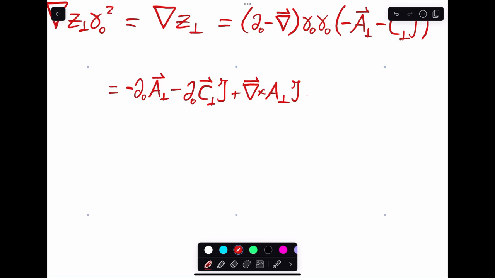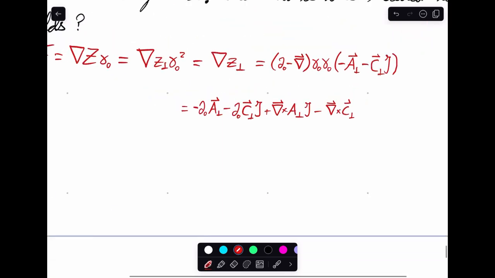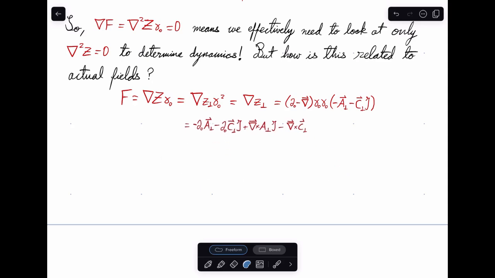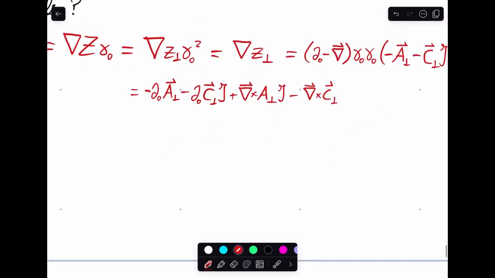Then we have a plus curl of C perpendicular, I squared goes away, you get a negative sign. So this equals that.